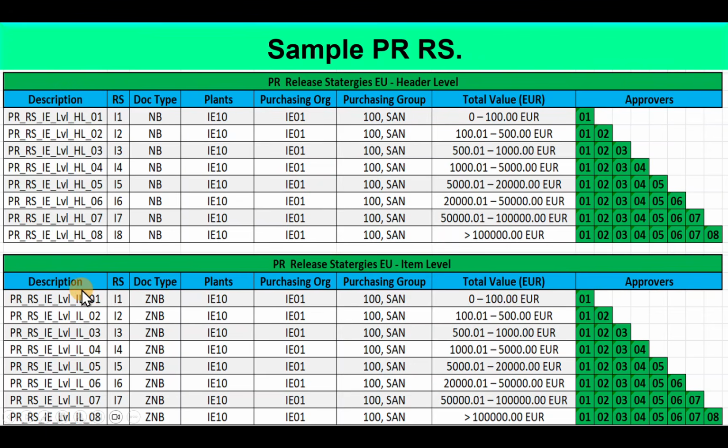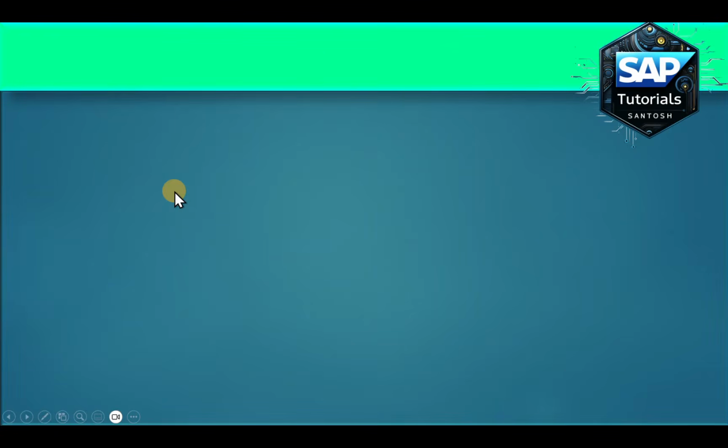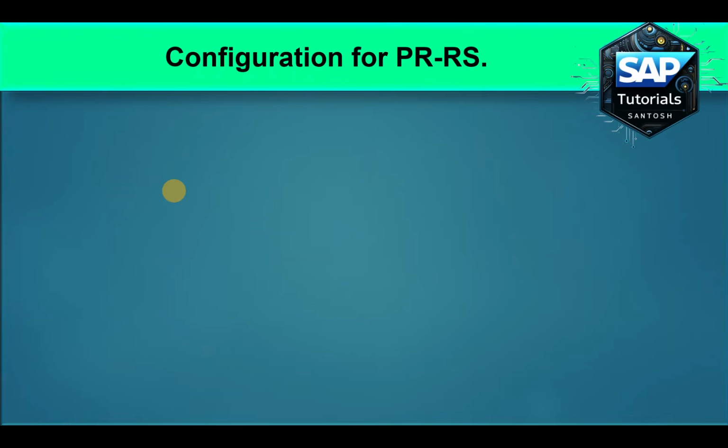So I will try to implement these release strategies, but definitely this number is going to change, the rest I will try to use the same. So let's go ahead and start the configuration of this release strategy.